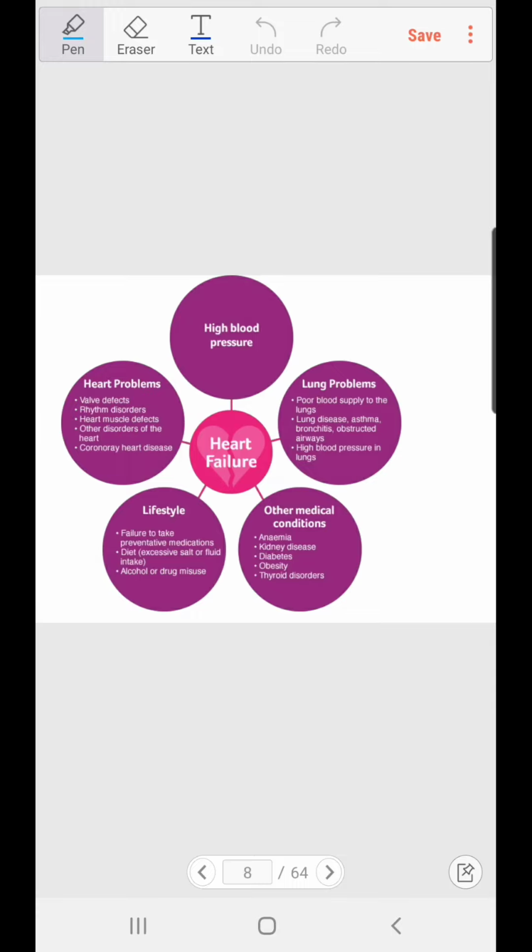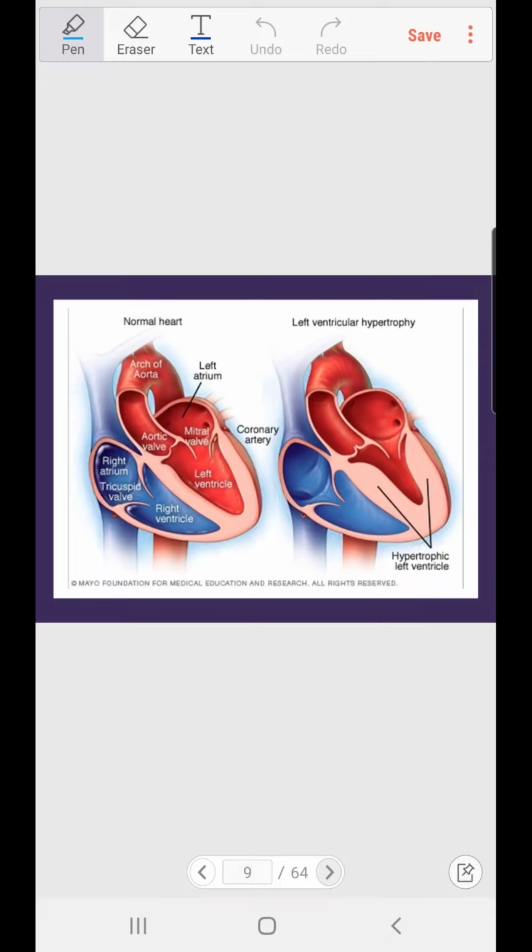Lifestyle, including alcohol and drug misuse and failing to take preventive medication, and if you consume too much salt or too much fluid in your diet, also contribute to heart failure. This is again a picture of a diastolic heart on the right side versus a normal heart.